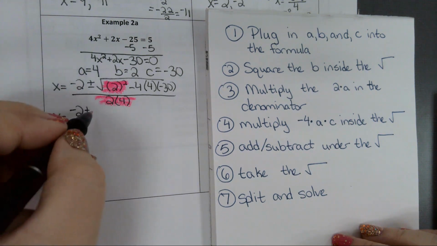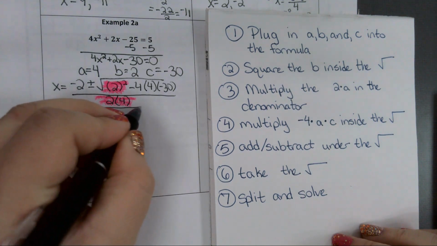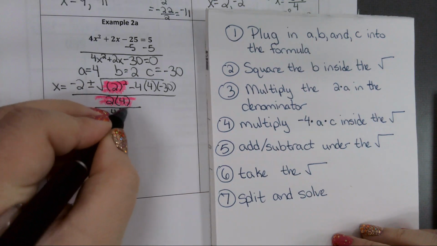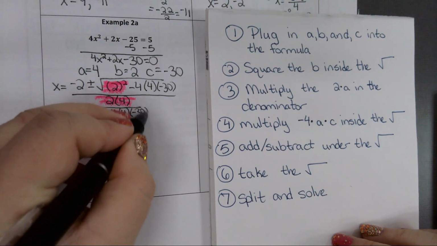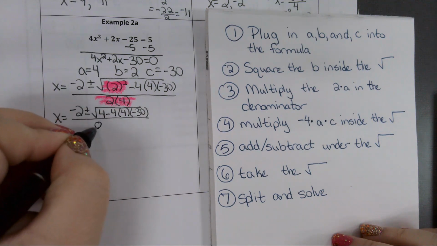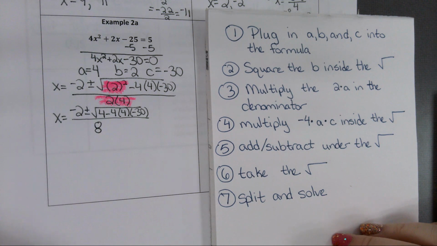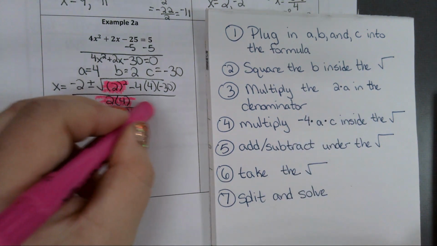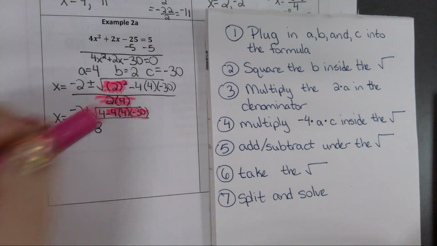So when I do 2 squared in my calculator, I get 4 minus 4 times negative 30, and all over 2 times 4, which is 8. Then we're able to actually multiply our negative 4 times negative 30.